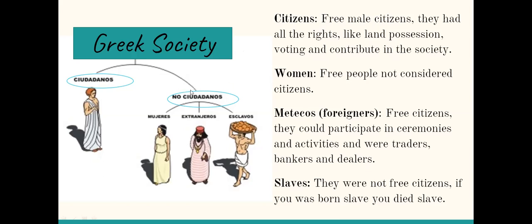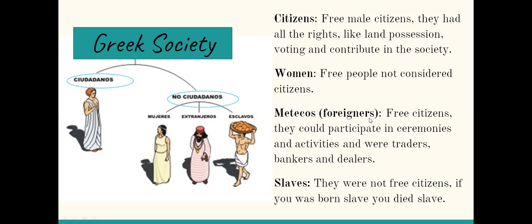The other group was the no citizens, composed of women, foreigners, and slaves. Women were considered free, but they were not considered citizens. Women cannot participate in voting, for example, or in important decisions for the community.